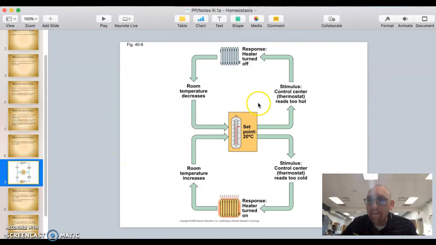You should have a handout now, which is an example of a feedback loop for glucose and glycogen. Real quick though, the example I give kids is to think of the thermostat in your house. Say you set your thermostat for 20 degrees. If the temperature falls and your house gets too cold, it's going to send a message to your furnace to kick on, and your furnace is going to pump out heat to bring the temperature back up to the 20 degrees.